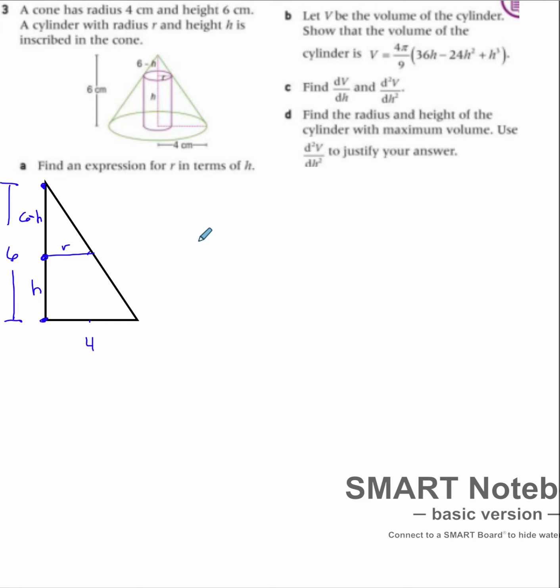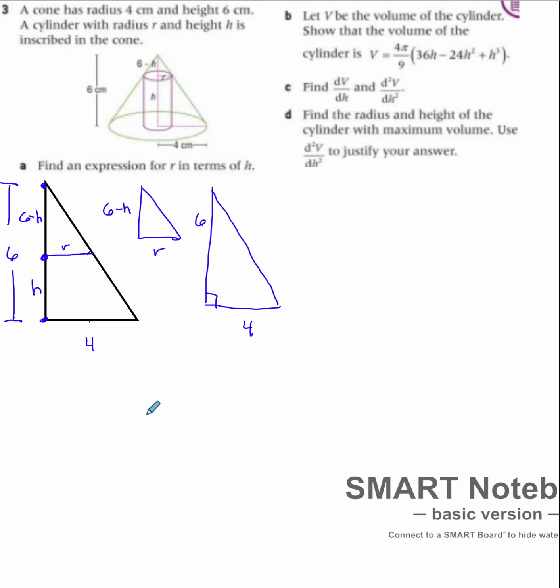And what we have now are 2 similar triangles. Let me just draw them out. We got the little triangle up top here with R and 6 minus h, and then we have the big triangle right here. Sorry for the horrible triangles. And this is 4 and this is 6.